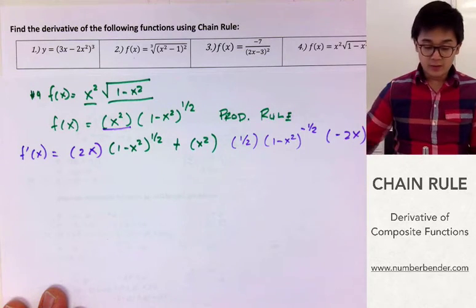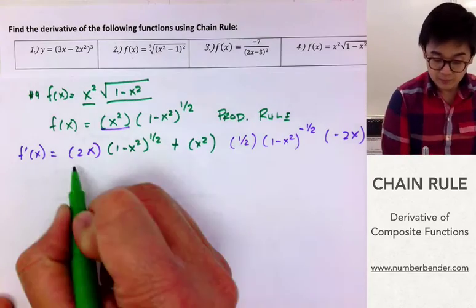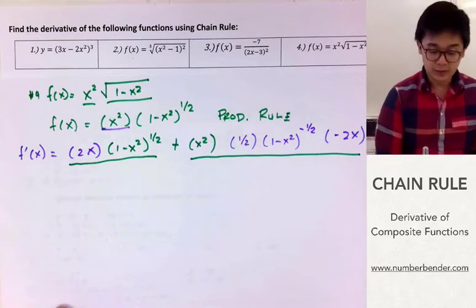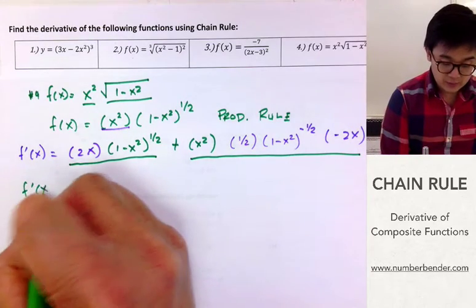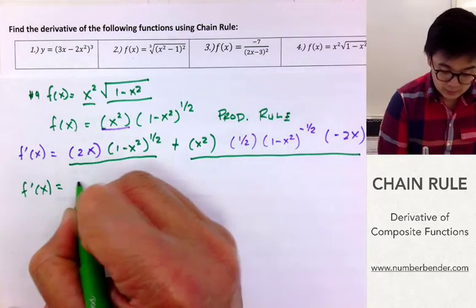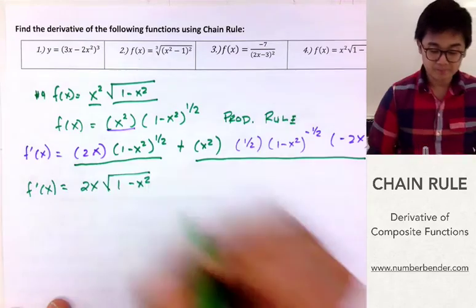So now that we have the derivative of the function using the product rule, we can simplify this term and this term over here. So our f prime of x, if we simplify the first group, is simply 2x times the square root of 1 minus x squared.